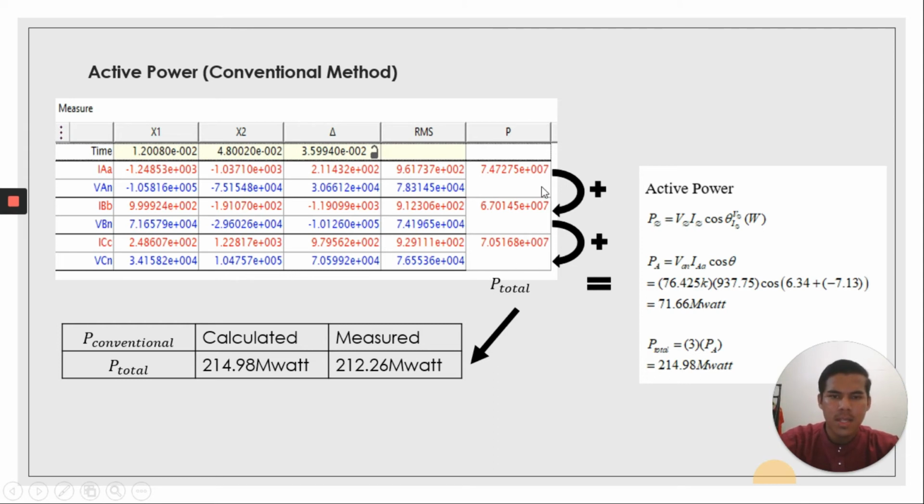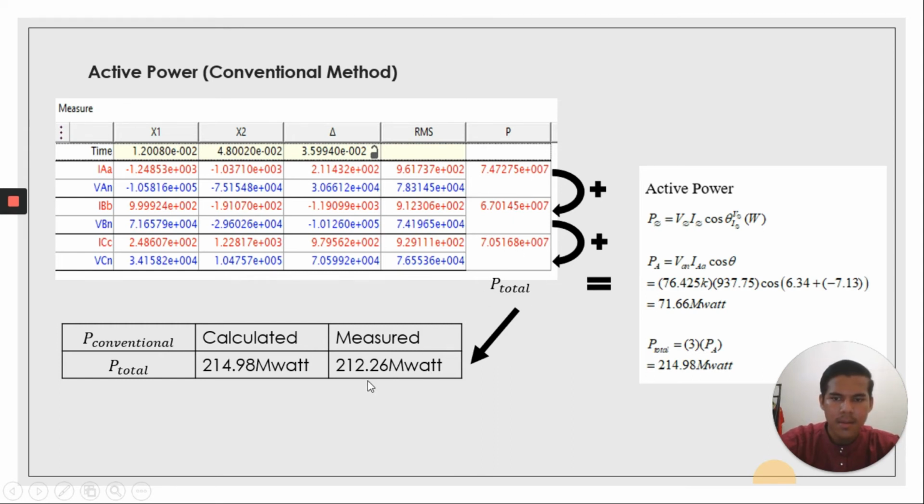This is the power for A. This is the power for B. This is the power for C. The calculated value of the active power that I got through calculation is 214.98 megawatt.